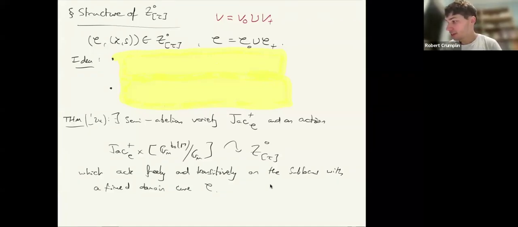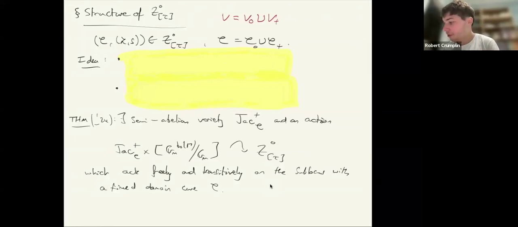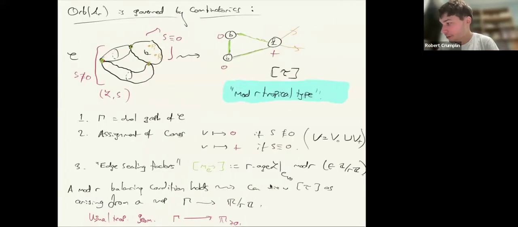Here's an example. Okay, maybe I'll quickly go back to the example and do it. So basically, I just take the union of the components which are labeled with 0, which is C0, and the union of the components which are labeled as plus is C plus.